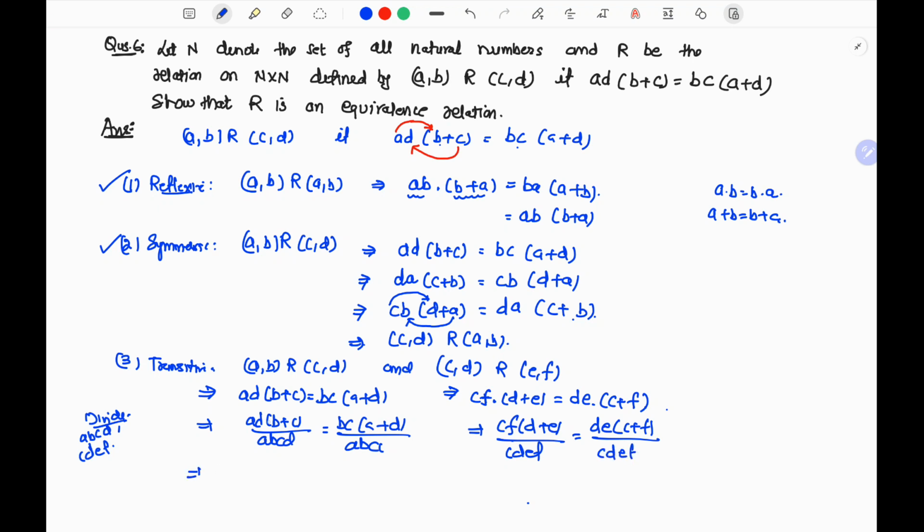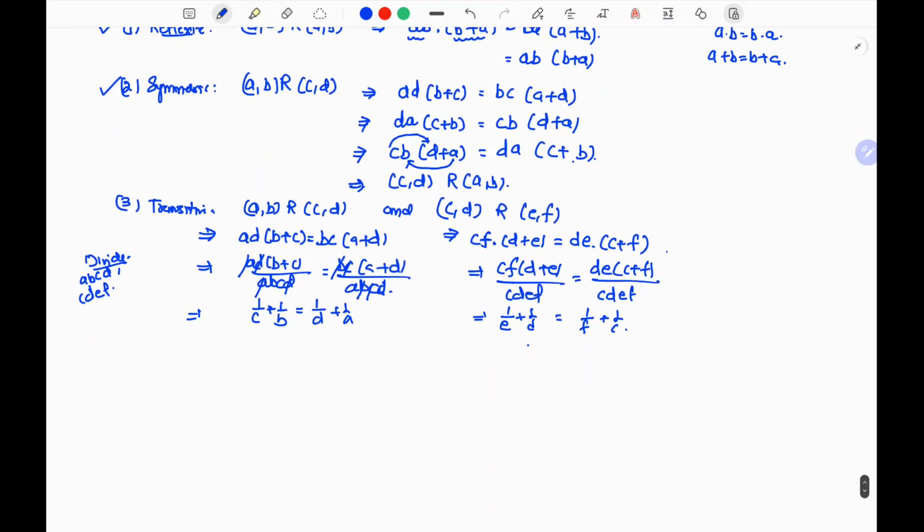So on solving, A and D get cancelled, and on simplifying we will have 1 by C plus 1 by B equal to, here B and C get cancelled, here it is D, so it will be 1 by D plus 1 by A. Similarly, the second expression will become 1 by E plus 1 by D equal to 1 by F plus 1 by C. Now we will add these two expressions.